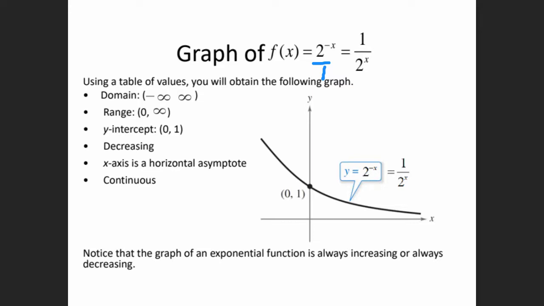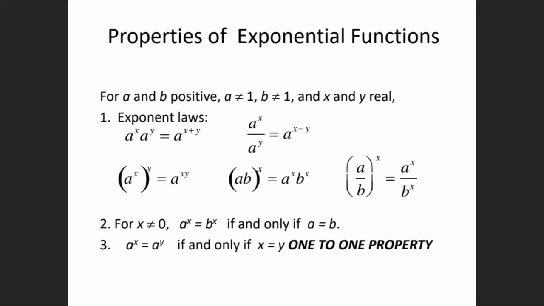All right, so let's look at some more properties to review. These are some fundamental basic exponential properties, or we call these laws. When we have two exponents being multiplied that have the same base, you will add the exponents.